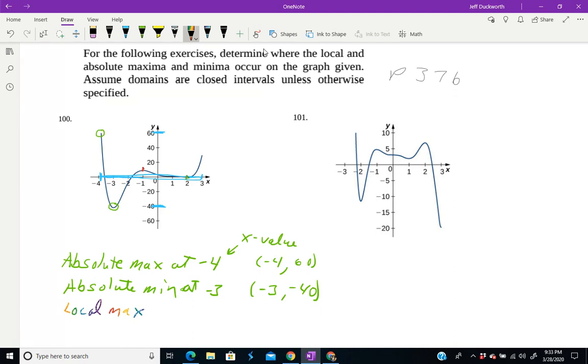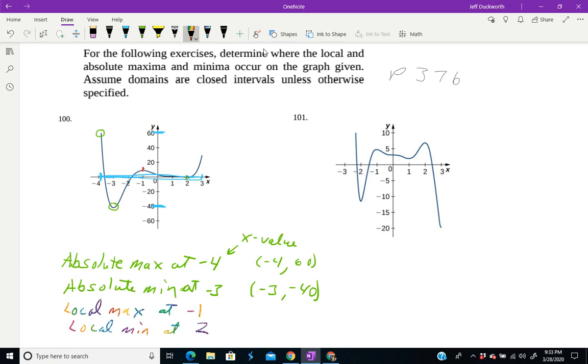It's at the point -1, and I'm not sure what the y value is on that, neighborhood of 10. That's fine. And it looks here like the local minimum is at 2. And it looks like the point is 2, 0. So that's where we're at for this particular one.